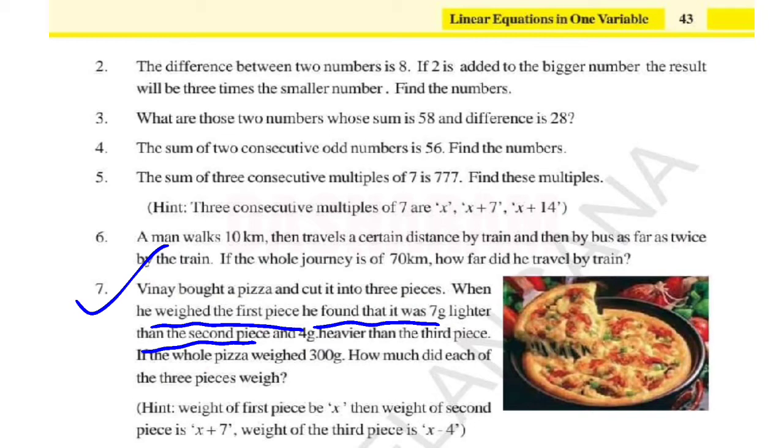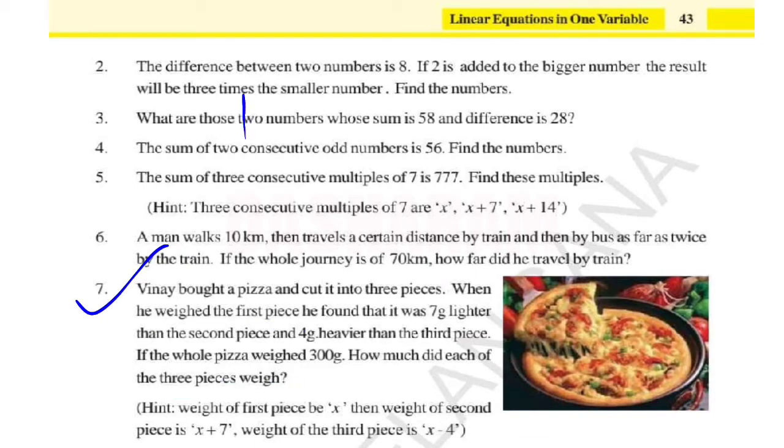Lighter means less. And 4 grams heavier than the third piece. If the whole pizza weighs 300 grams, how much did each of the three pieces weigh?